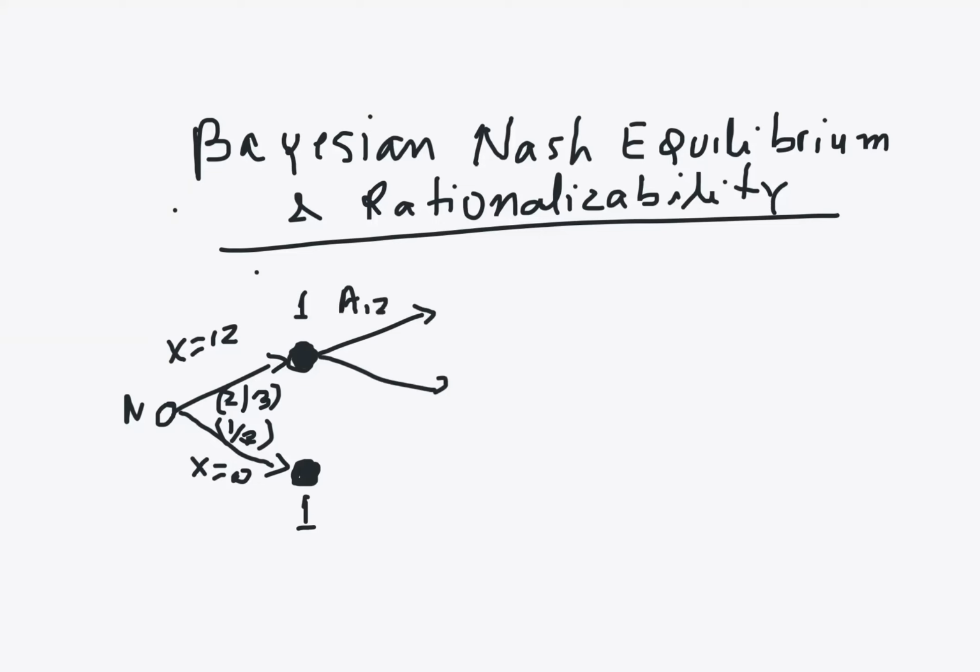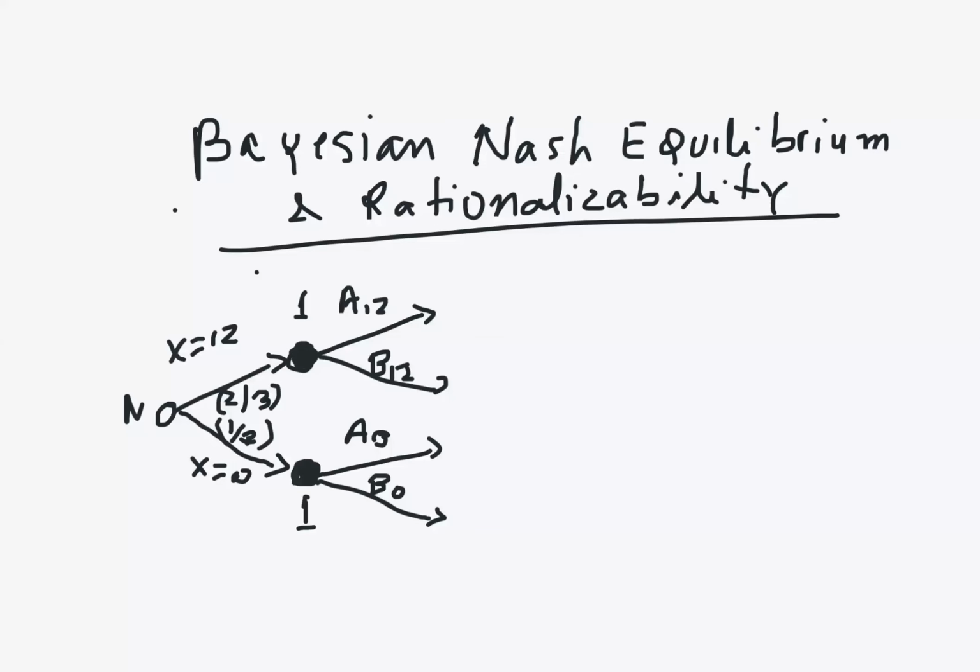So the strategies are A12 and B12. Okay, so A and B, these are the two strategies. And similarly here, A0 and B0.